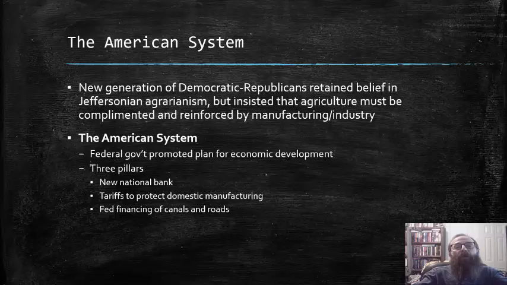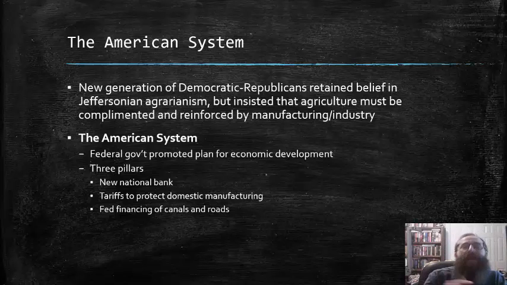Really a merging of parts of the old Democratic Republican and Federalist agendas there. And this led to the first federal government promoted and organized plan for economic development, known as the American System, which essentially had 3 central pillars.